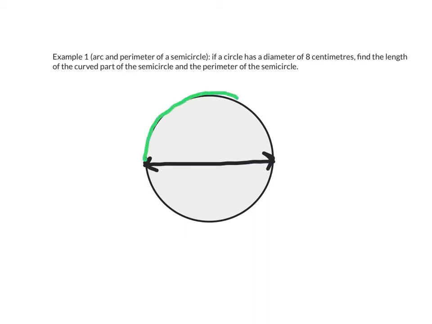So we can clearly see that if that's a semicircle, it's made up of a curved part and the straight edge. We're told that it has a diameter, this distance here, and we're told d equals 8 centimeters, so we're going to write d equals 8.